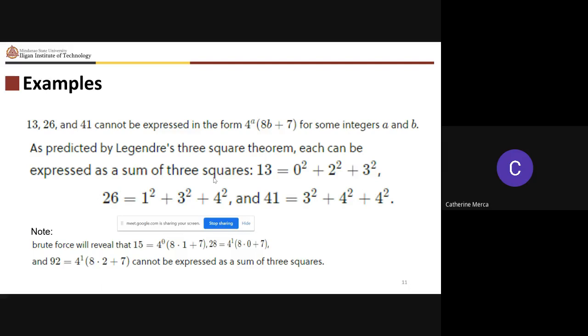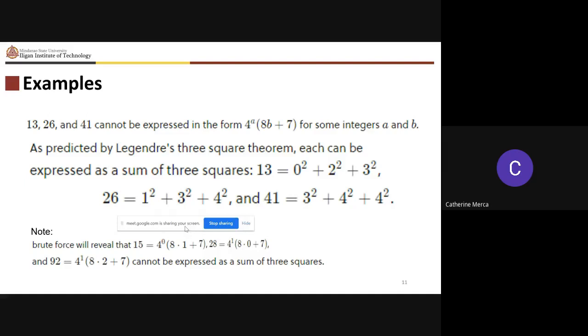Okay? So 13 is equal to 0 squared plus 2 squared plus 3 squared. And 26 is equal to 1 squared plus 3 squared plus 4 squared. And 41 is 3 squared plus 4 squared plus 4 squared.